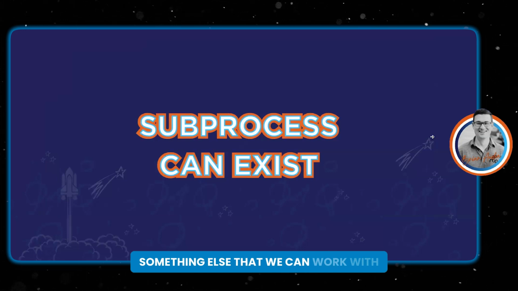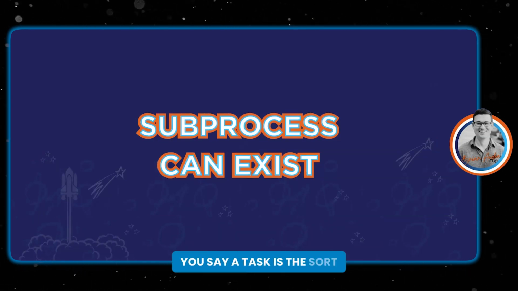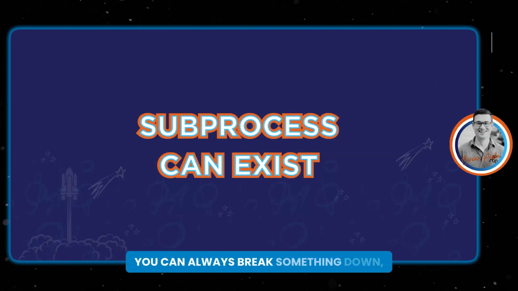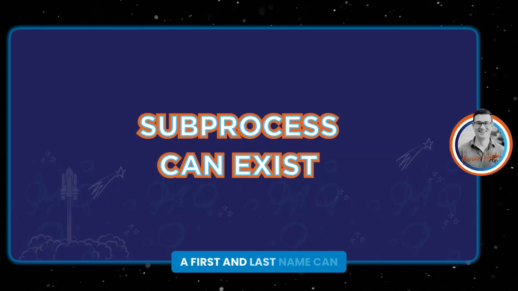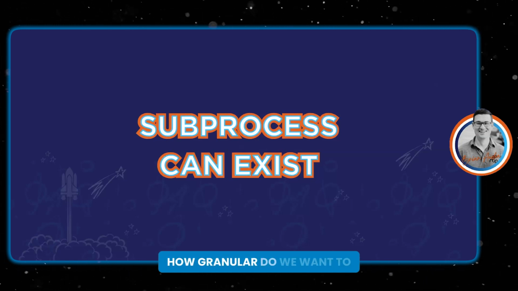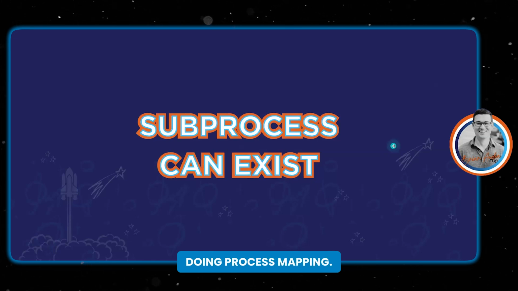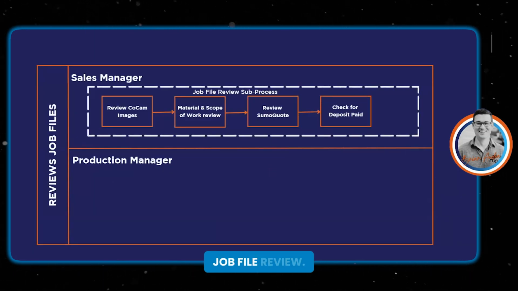Something else that we can work with in process maps, you're probably thinking, well, you say a task is the minimum, like the irreducible thing that we can express, but you can always break something down lower. Like a name can be broken out into a first and last name. A first and last name can be broken down to letters. How granular do we want to get this? Well, this is why, when we're doing process mapping, we deploy sub-processes. So say we have that job file review.